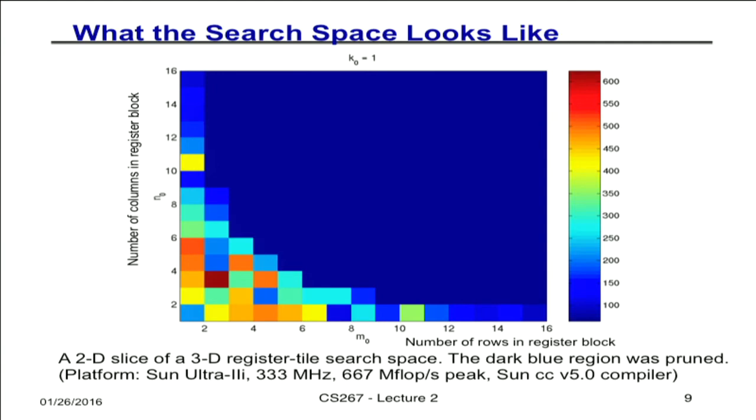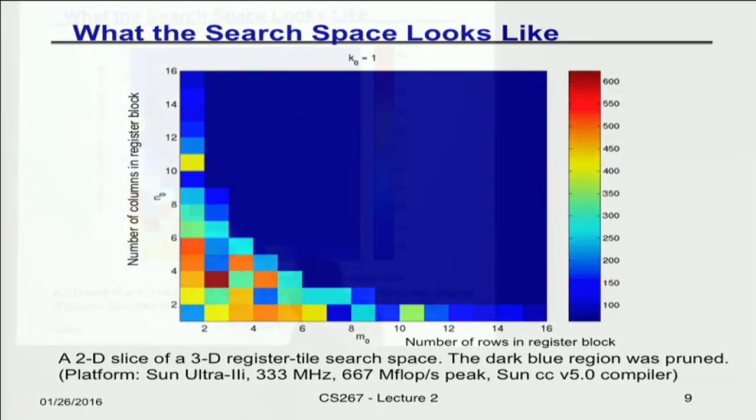And this is called a color heat plot, and this is the number of rows in the register block, and this is the number of columns in the register block, and what the color is telling you is how fast it is going. So there's one really great data point here, which is, let's see, what is that? I believe that is the 2 by 4 data point. And so that is the 2, 4, 6. I think that is actually 2 by 3, isn't it?